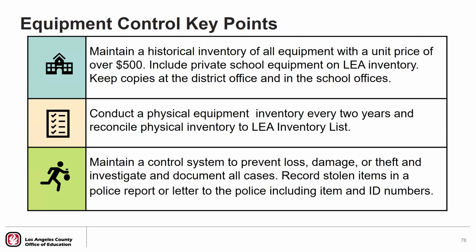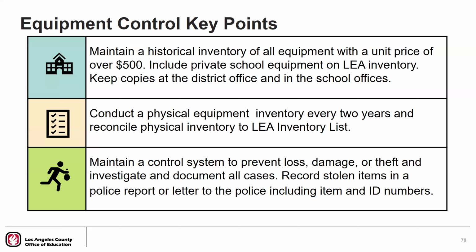And to summarize this section, our slide offers some key points discussed this morning regarding keeping track of equipment inventory and maintaining control of equipment allocable to federal programs. These include maintaining a historical inventory of all equipment with a unit price over $500, inclusive of district-owned equipment being used at private schools for equitable services, and keeping inventory copies at the district office and in the school offices.